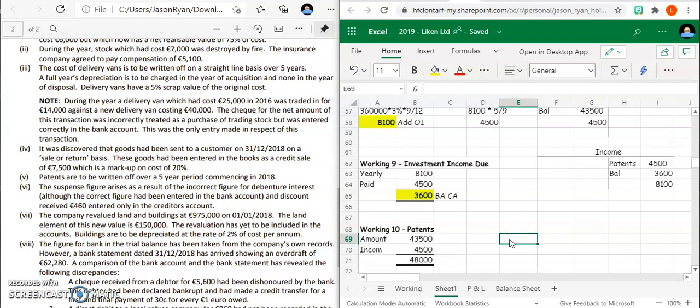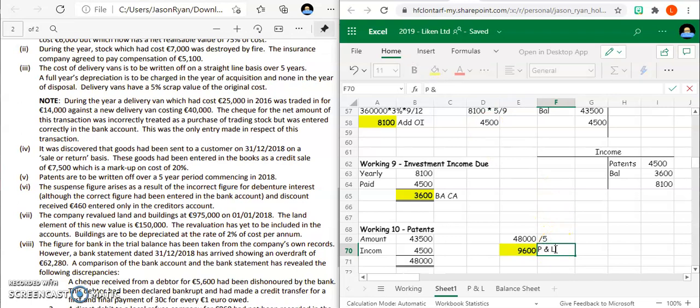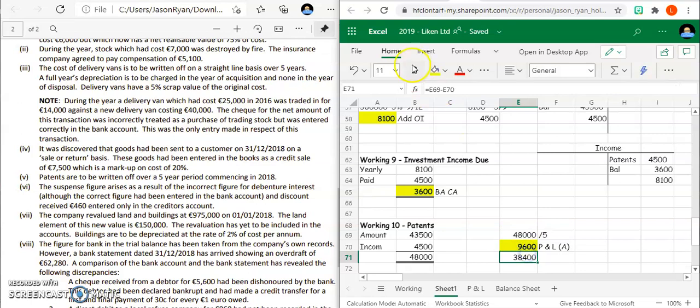So it's going to be 48,000 divided by 5. So 48 divided by 5, 9,600. So 9,600 is how much is going to go into your profit and loss in your admin. And what's left is the difference between the 48,000 and the 9,600. And that's going to go into your balance sheet as an intangible asset.